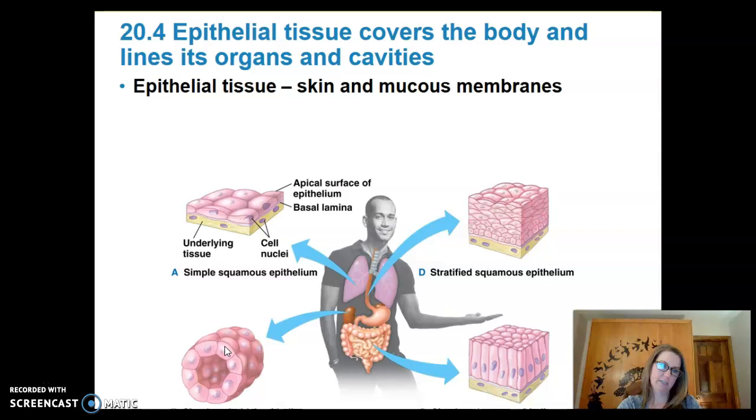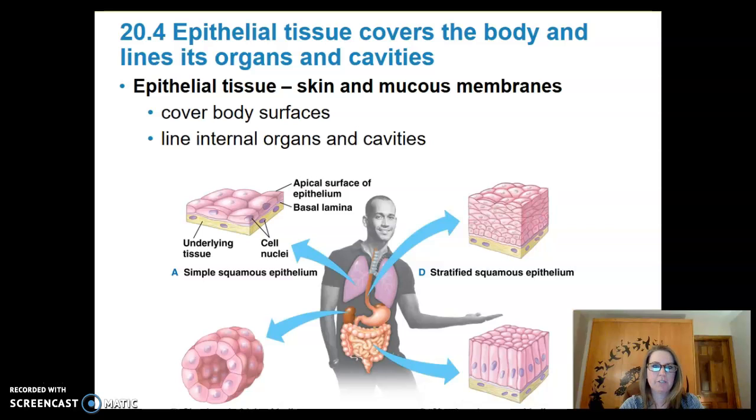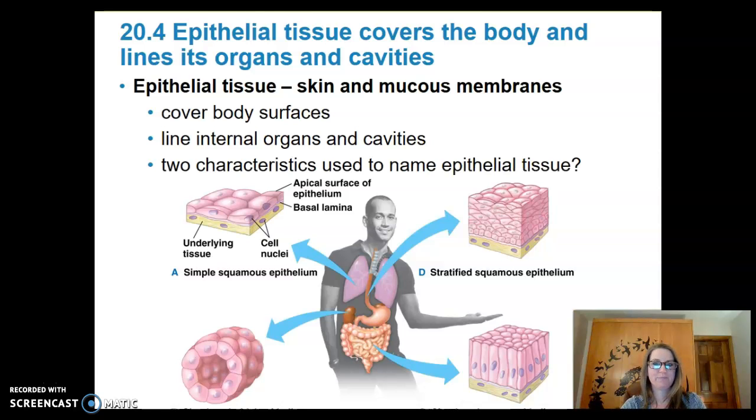Okay, this layer is simple, this layer is simple, this layer is simple. We just see the different shapes. And this last one happens to be layered, so stratified, and flattened or squamous. Okay, again, epithelial tissue covers the body's surfaces and also lines cavities of our organs and tracts.